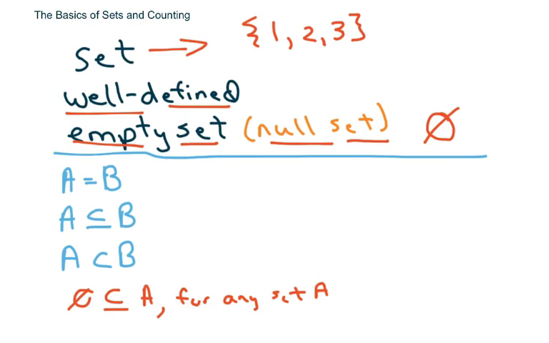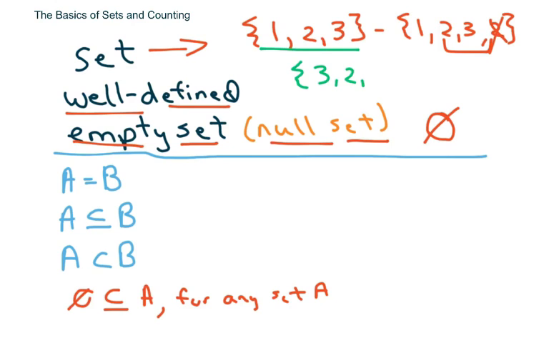That's a set of numbers. I don't write 1, 2, 3 and then write 2 because that wouldn't be distinct. The 2's are the same, so I would take that out. The order doesn't matter. So actually for this set, I could write this as 3, 2, 1 or mix it up even further. Okay?